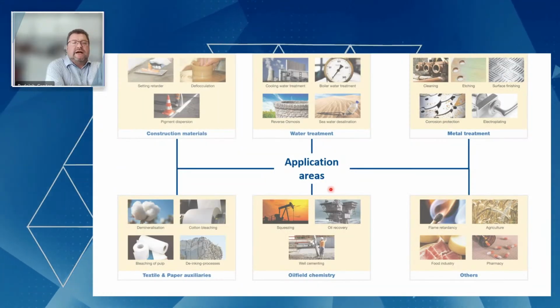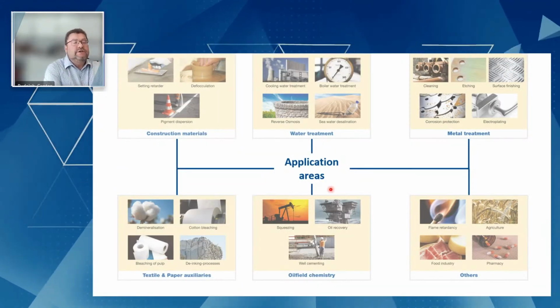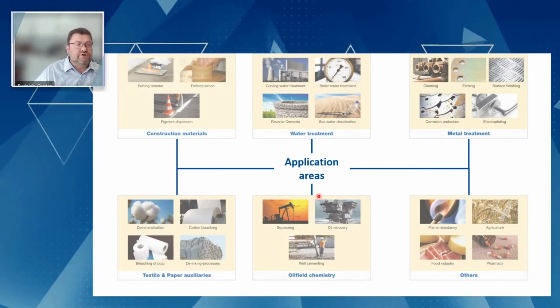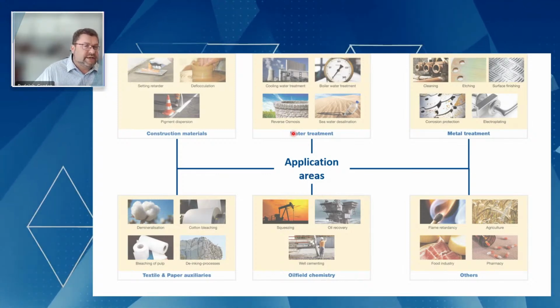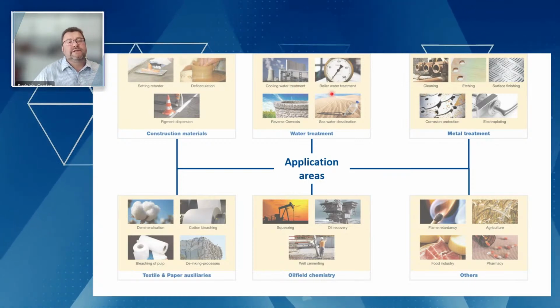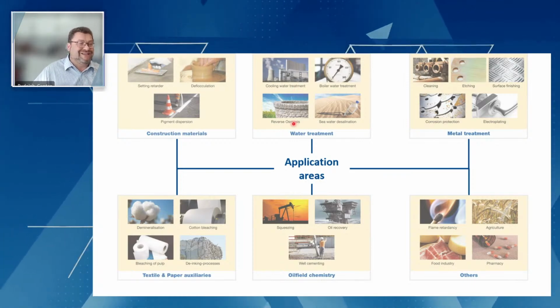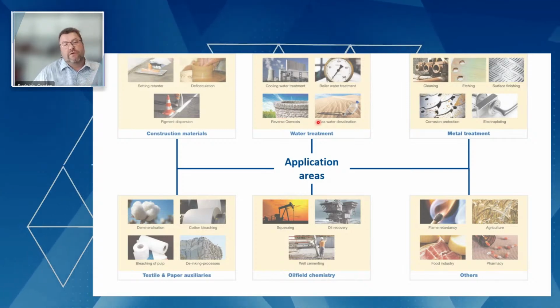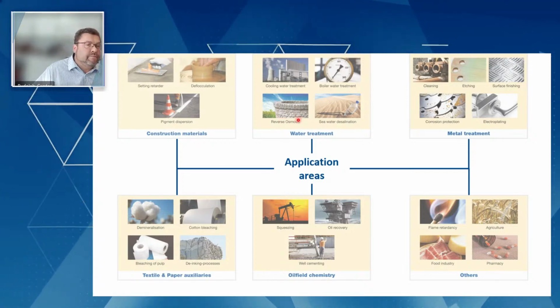If we discuss the application areas, today's topic is water treatment. Classical water treatment is, for example, cooling water treatment, boiler, desalination, either on the thermal way or by membranes.